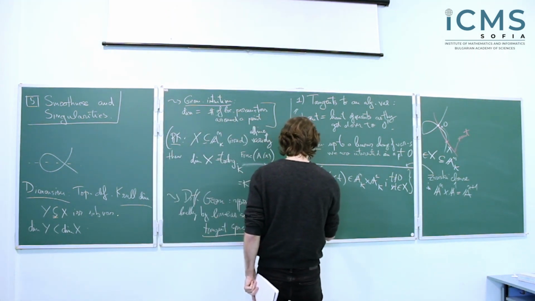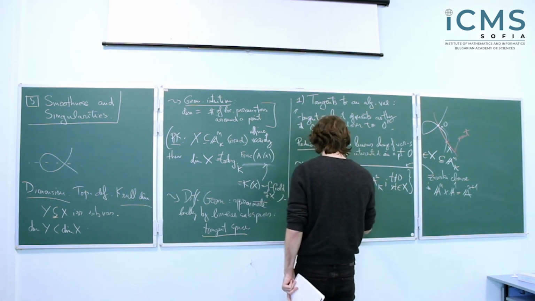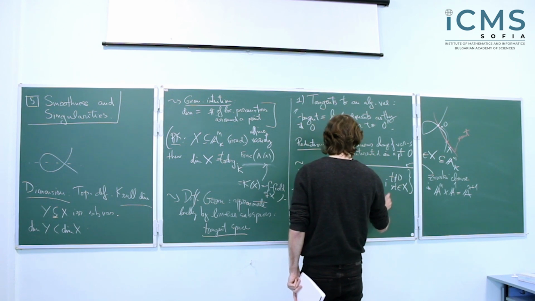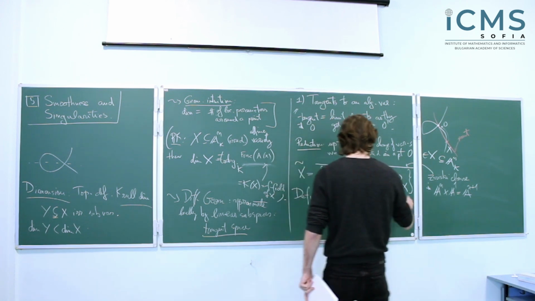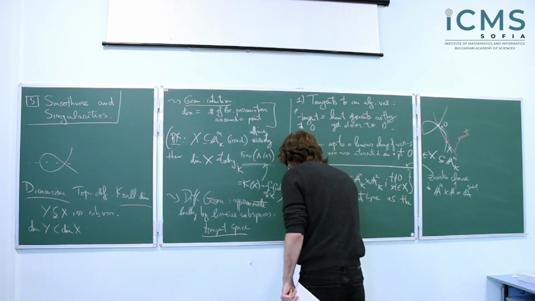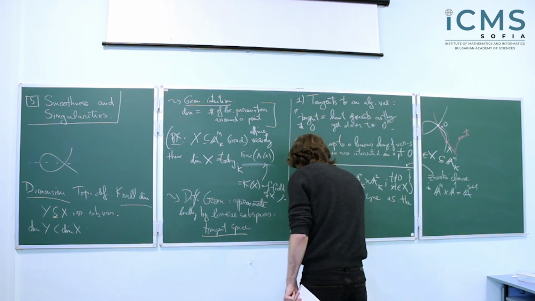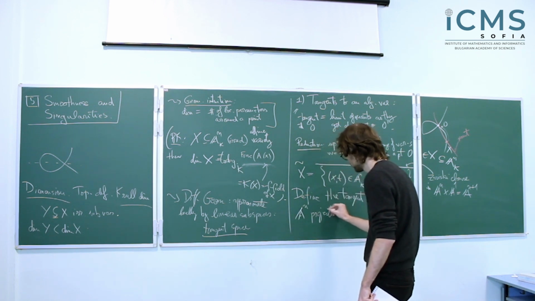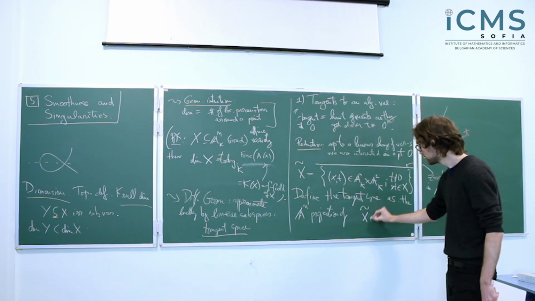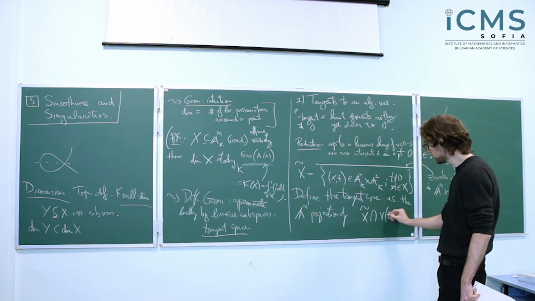This is what's called the tangent cone, as the A^n projection of X tilde with v of t.